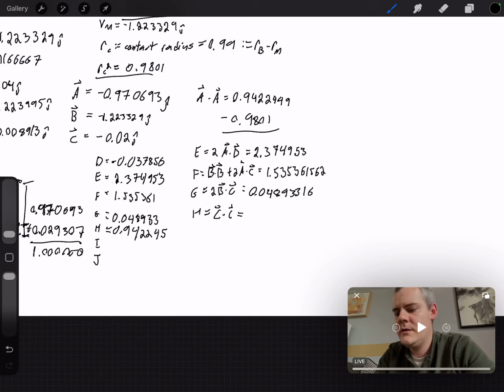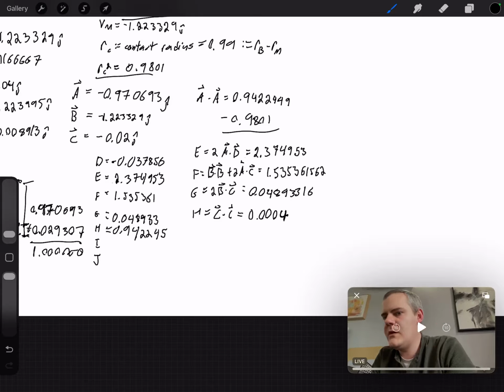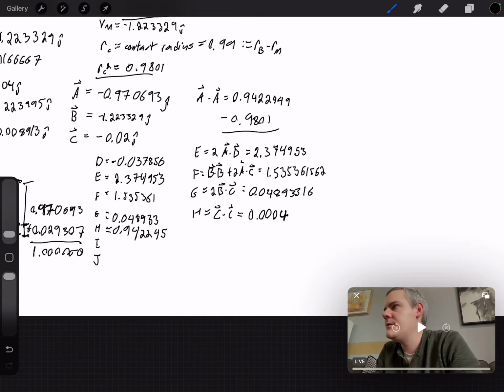I could do this one mentally, but I love the comfort of putting it into the calculator. Uh-oh. What'd I miss here? I forgot a term or something on this one.